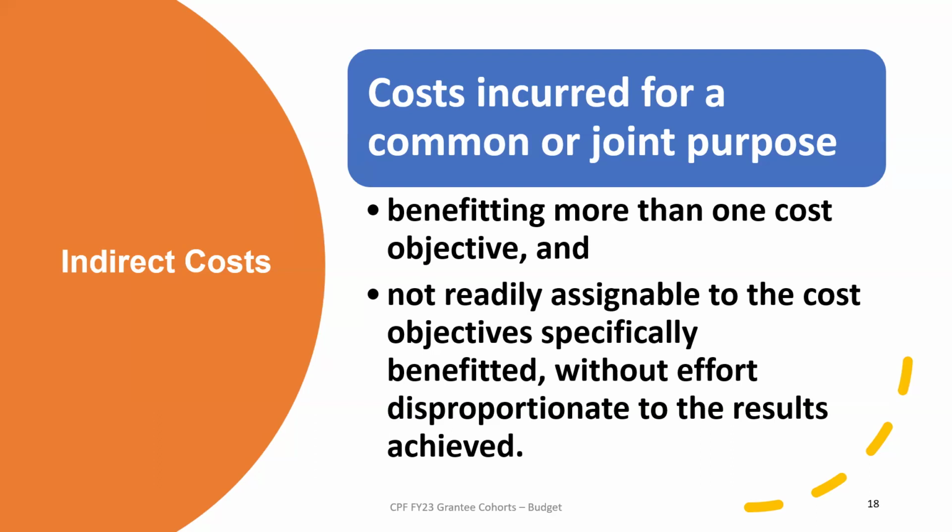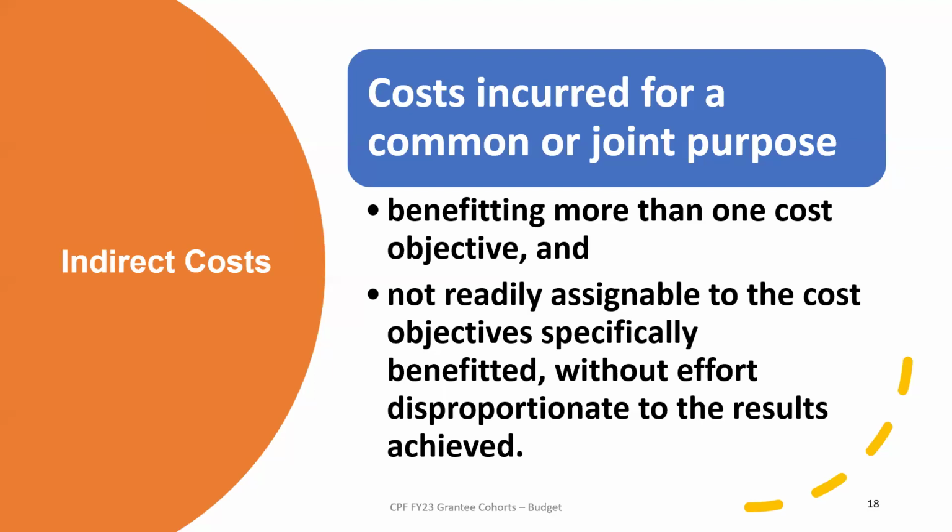So if it's 0.25% of all their entries, we could say, we're going to charge 0.25% of this grant to indirect cost. That's absurd. That is an enormous amount of work for a tiny bit of results achieved.